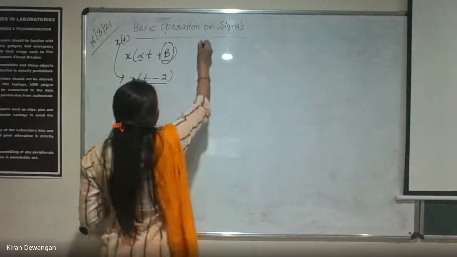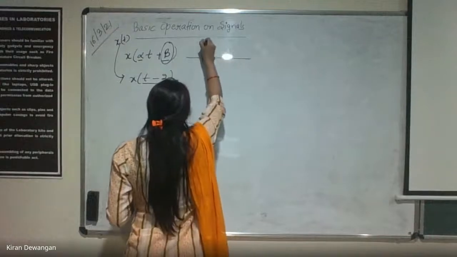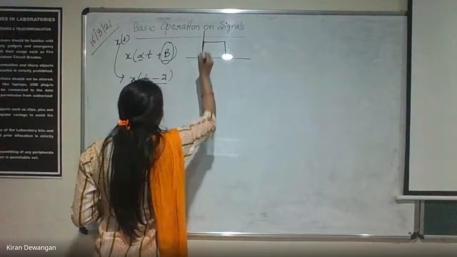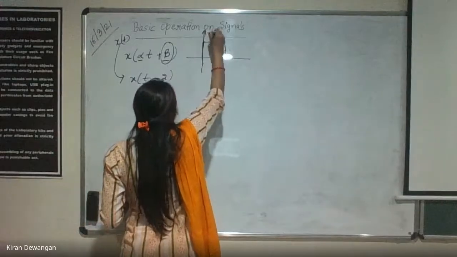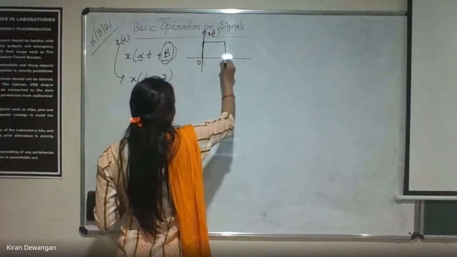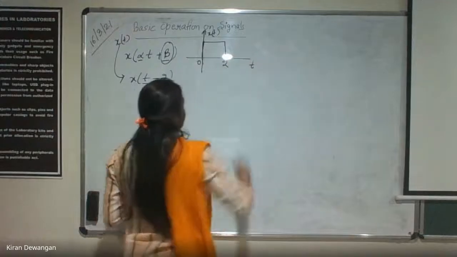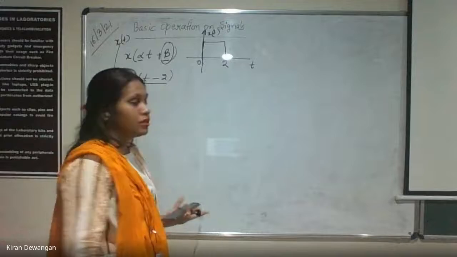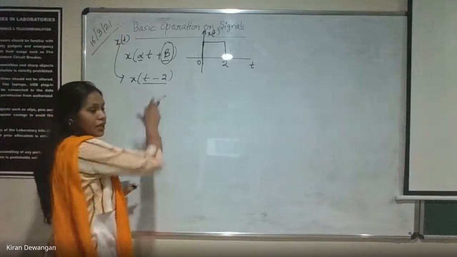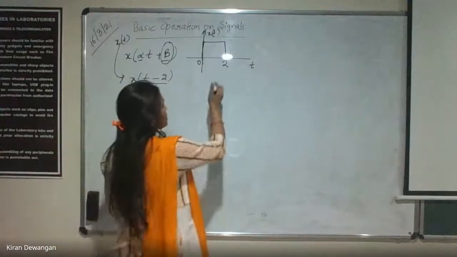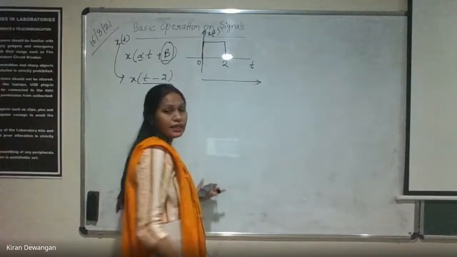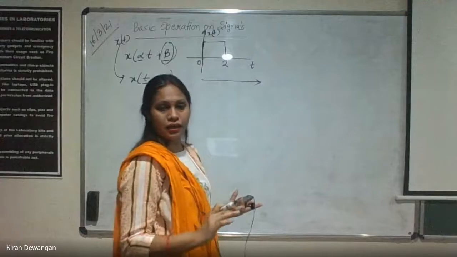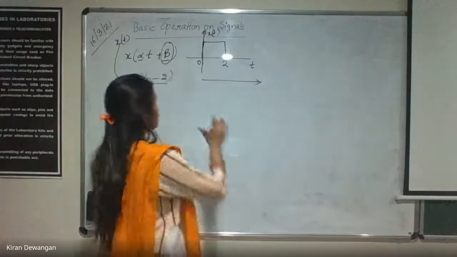That means if x of t is this signal which starts from 0 and ends at 2. Now when we are performing t minus 2, that means from the entire t time period we are reducing the factor 2.